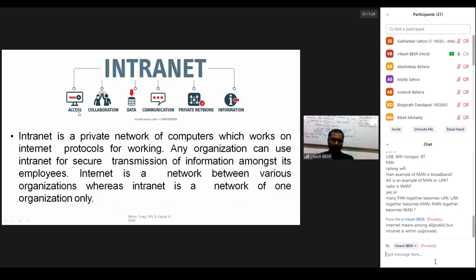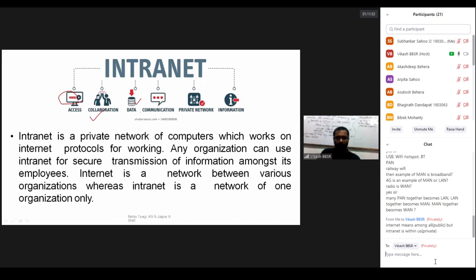You can see the structure also. This is the access point. This is the collaboration of the organization, whatever the data. Whatever information is inside the defense system, are they sharing it with us?